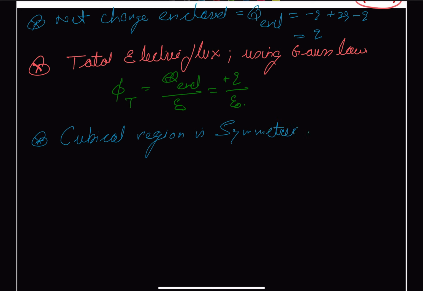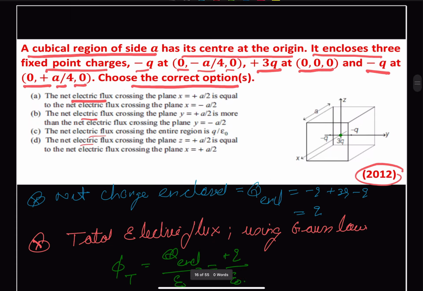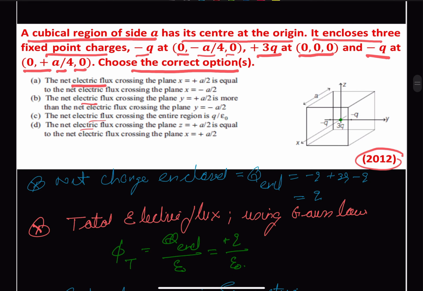Okay. So first, we are given planes along the x-axis, x is equal to plus a by 2 and x is equal to minus a by 2.